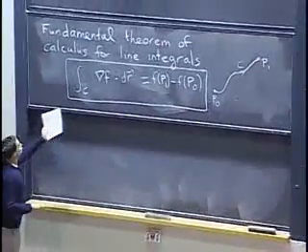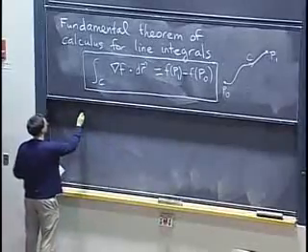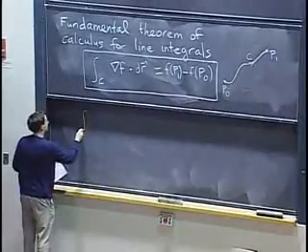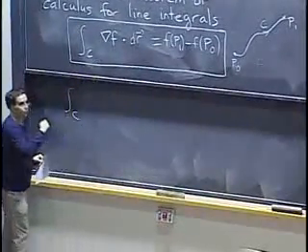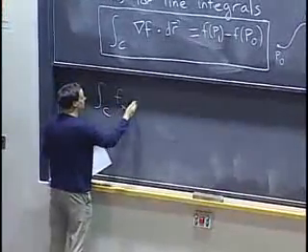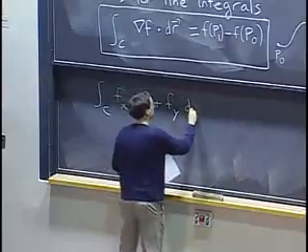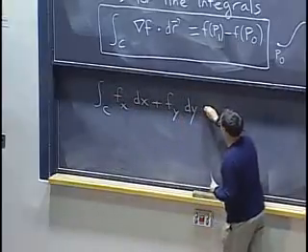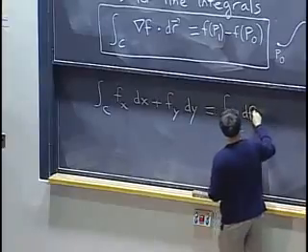So maybe I should say, if you try to write this in coordinates, because that's also a useful way to think about it, if I give you the line integral along C, so the gradient field, the components are f sub x and f sub y. So it means I'm actually integrating f sub x dx plus f sub y dy. Or if you prefer, that's the same thing as actually integrating df.